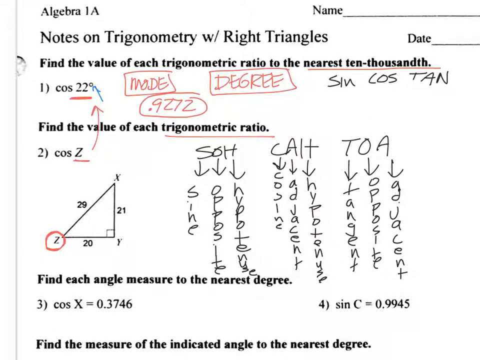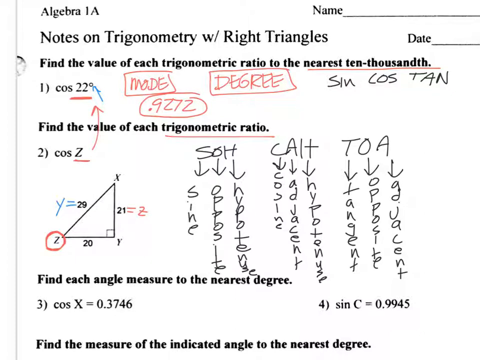Let me say it again. Capital letters represent angles. Lowercase letters represent sides. The sides will always be across from the angle. In other words, side Z would be the 21 here. Why? Because it's across from angle Z. Also, side Y, in this case, would be the hypotenuse because it's across from angle Y. So hopefully that makes sense.